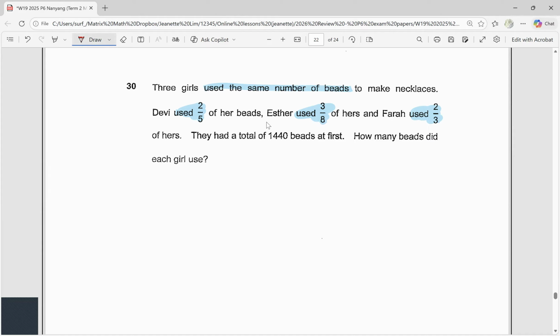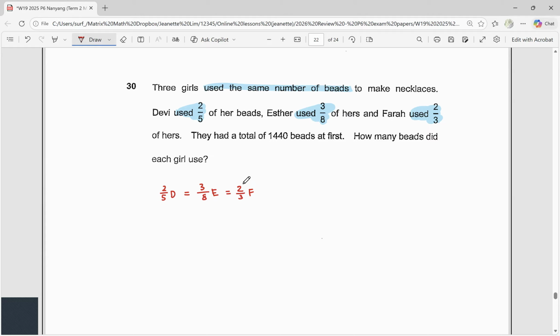What we can do is to form an equation. 2/5 of Debbie is the same as 3/8 of Esther, which is the same as 2/3 of Farah's beads. I can write this because the question tells us that the amount used is the same. So I will use the fraction that represents what they have used. By doing this, I'm saying that 2 units of Debbie equals 3 units of Esther, which is equal to 2 units of Farah.